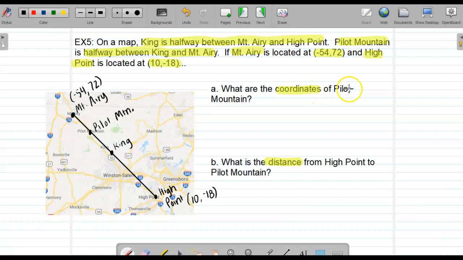So the question asks for the coordinates of Pilot Mountain. Am I going to be able to find that right away? Okay. So what would I have to find first, Aiden? I've got to find where King's at. And so King is the midpoint, so I can just do the midpoint formula. So Aiden, tell me what to do to find that midpoint.